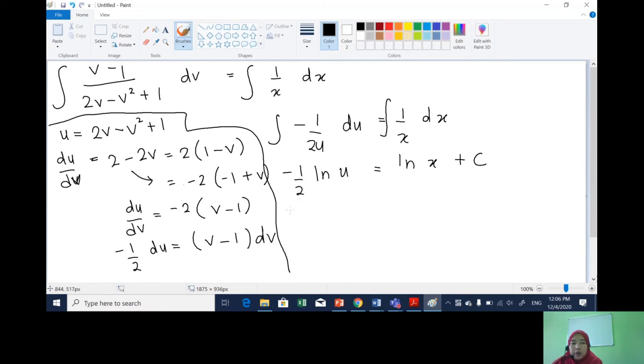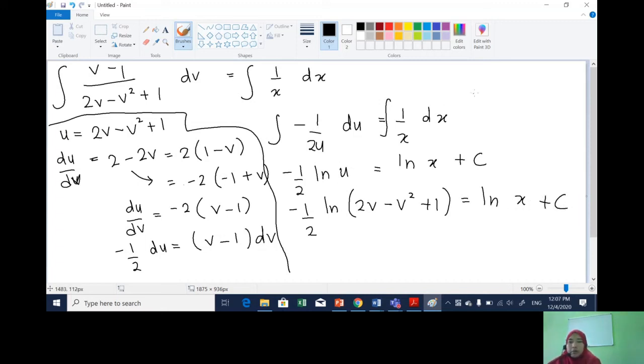Then u changes back in terms of v, so we have negative half ln of 2v minus v squared plus 1. You can use brackets or the absolute value symbol, no problem, equal to ln x plus c.